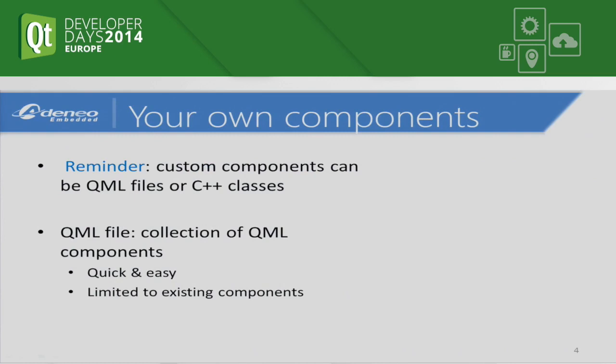Before explaining those four subjects, very quick reminder, I think more or less everyone here is doing QtQuick as a beginner, or maybe not beginner, I don't know. But I think you are familiar with that. So there is two main ways to create your QtQuick QML components. The first one, the easiest one, is to create a QML file containing a collection of different elements that you arrange as you want.